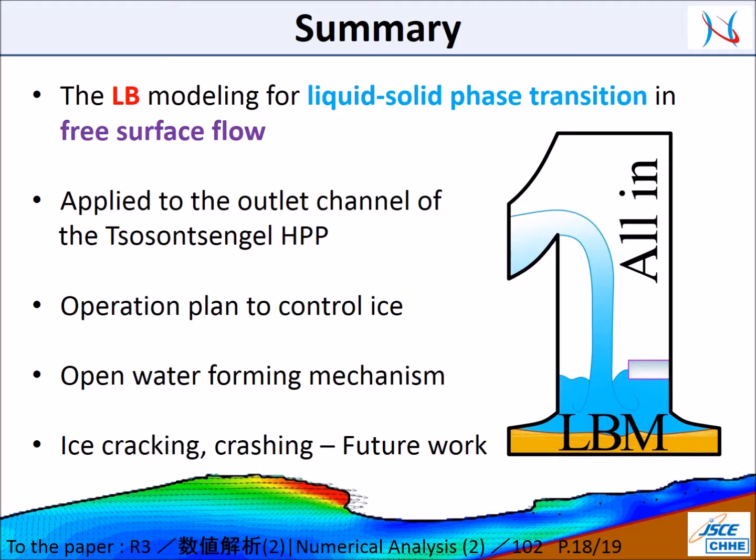In summary, we have proposed a numerical method using the lattice Boltzmann method for liquid solid phase transition in free surface. This method is validated and applied to the outlet channel of the Tosun single hydropower plant, and the numerical result can help to make an operation plan to control ice in the downstream of the hydropower plant.